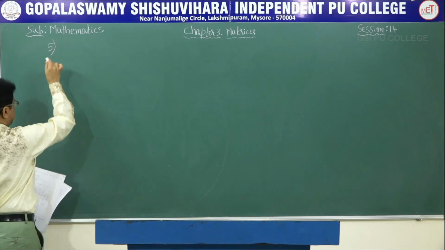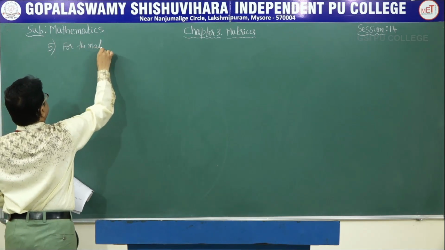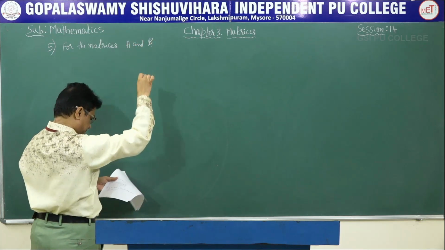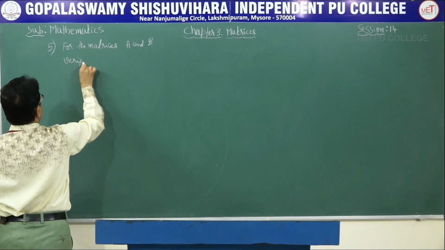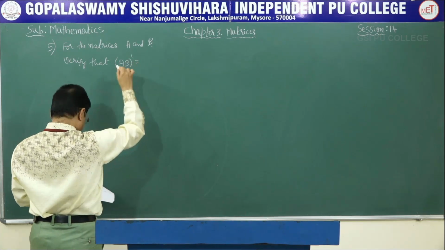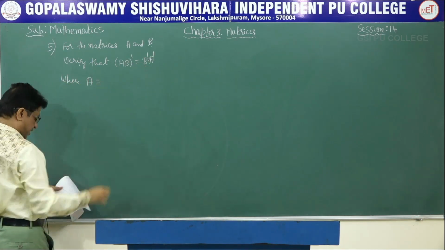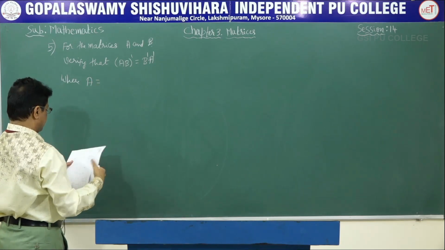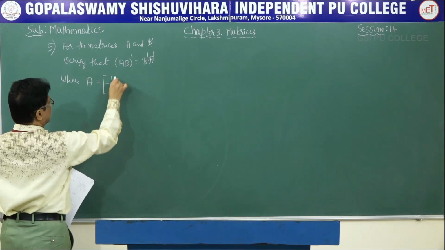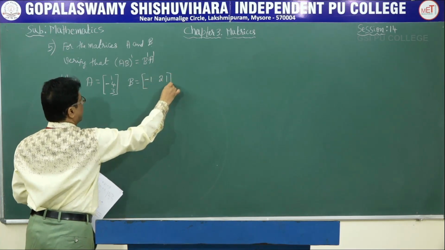So next is problem number 5. For the matrices A and B, verify that (AB)' is equal to B'A', where A equals [1; -4; 3], B equals [-1 2 1].